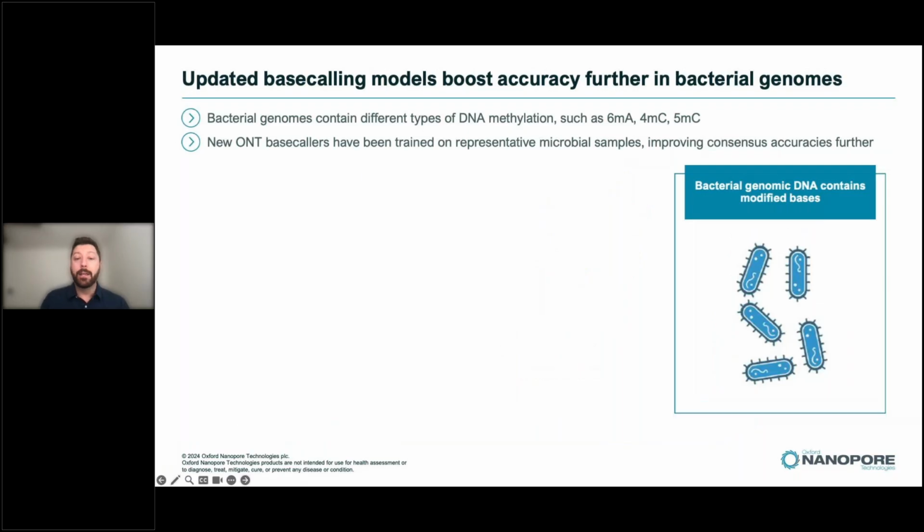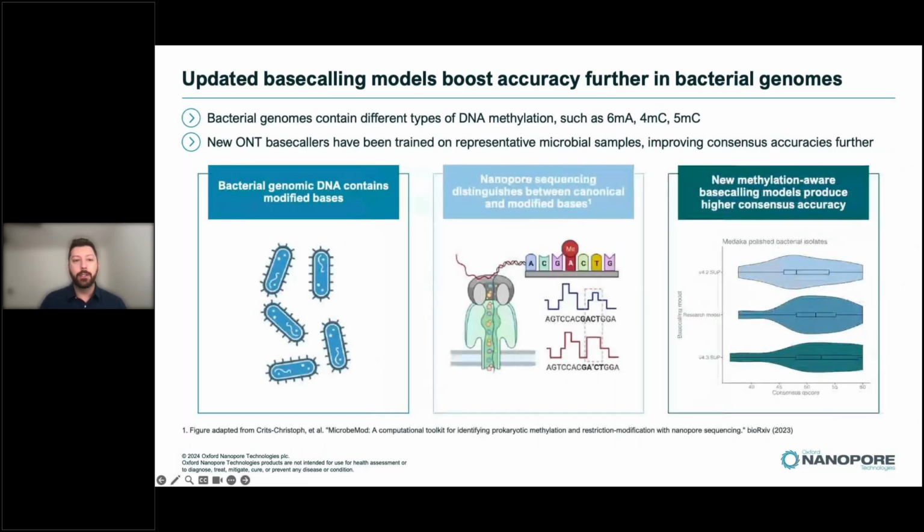We're also, as you heard earlier, able to read out not just the DNA itself, but detect methylation. And so that's quite interesting for microbial genomes. So in bacteria, as with all living organisms, they have not only A's, T's, G's, and C's, but modified bases. So these are often due to methylation patterns. And in bacteria, the common methylation patterns are 6-methyl-A, 4-methyl-C, and 5-methyl-C.